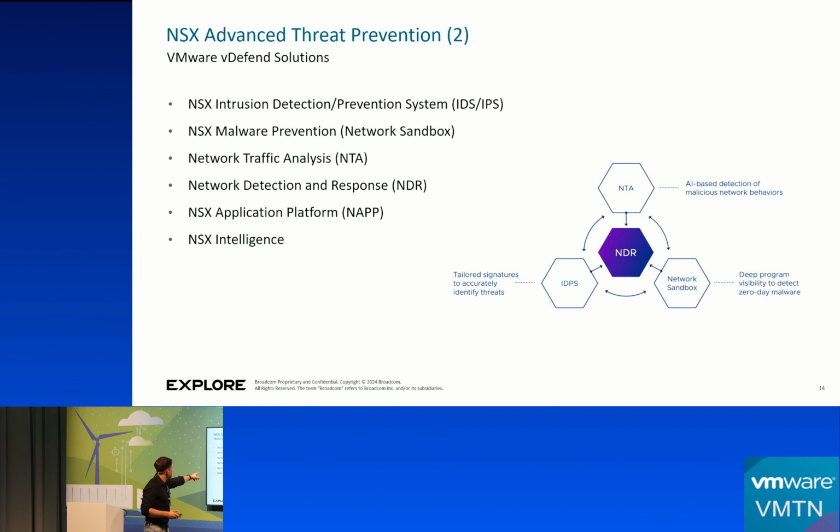But at a certain moment, with version 3.2, VMware introduced NAPP, which is a Kubernetes-based deployment. So all those services, IDS, IPS, NTA, Network Sandbox, are run on top of NAPP.